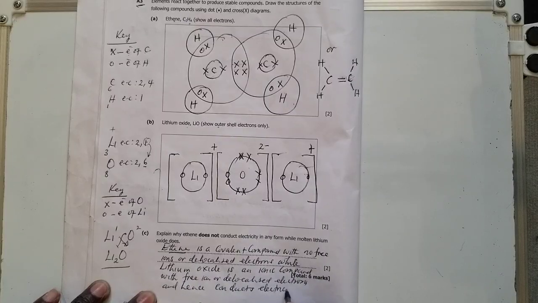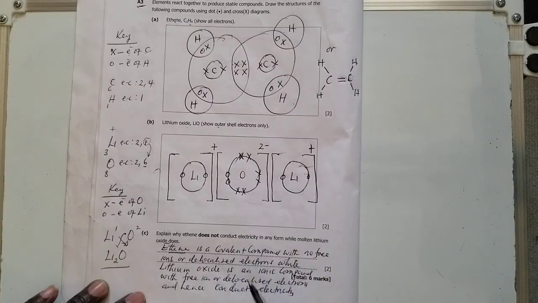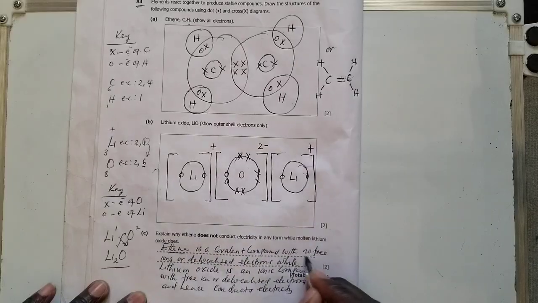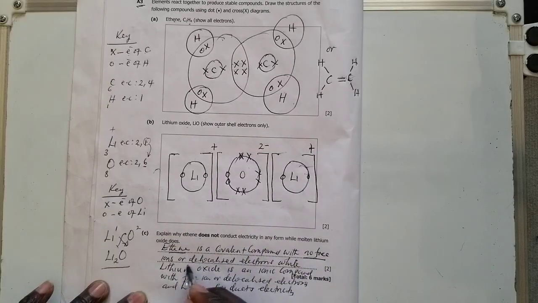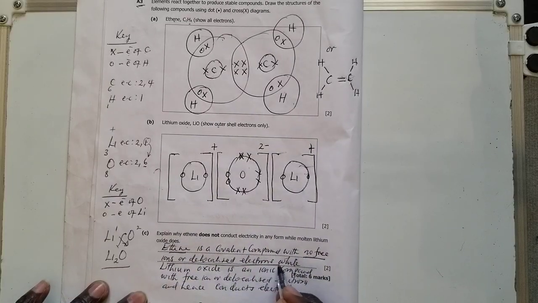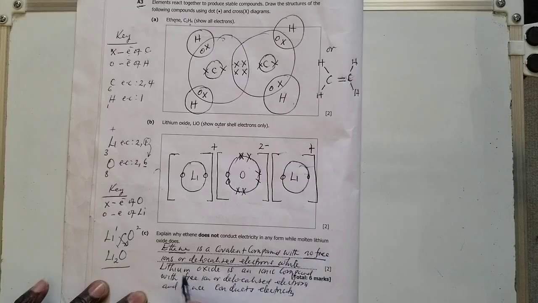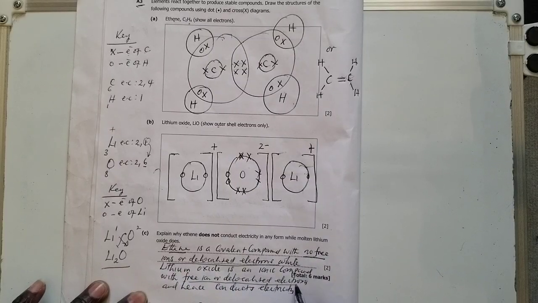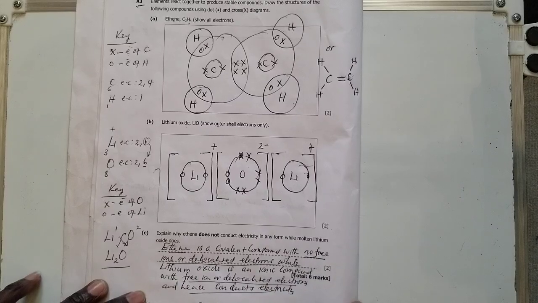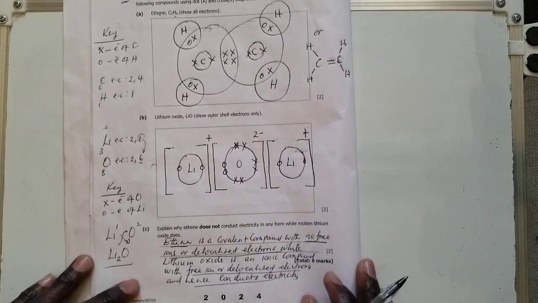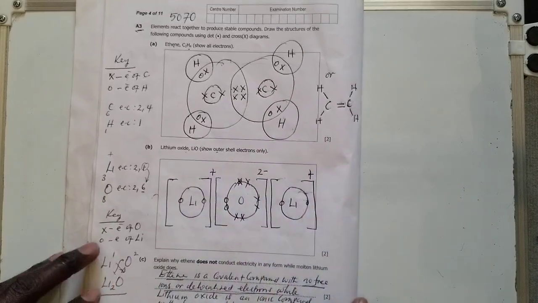Now you may think this answer is too long. What you could have just said is that ethene has no free ions or delocalized electrons, hence it doesn't conduct. Lithium oxide has free ions or delocalized electrons and hence conducts electricity. So that is what you could have said in order to answer such a question.